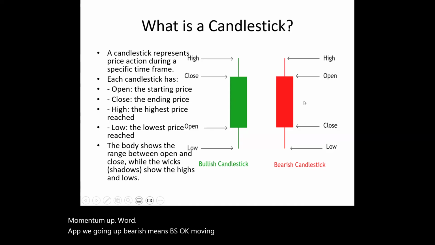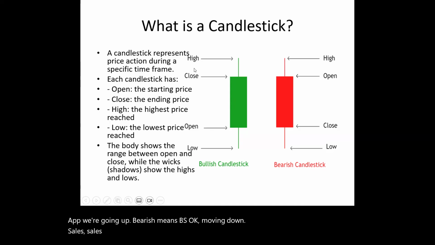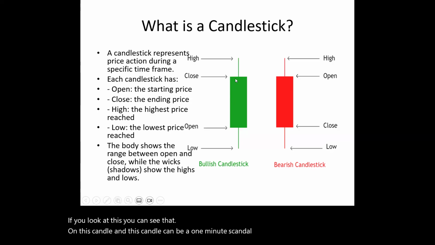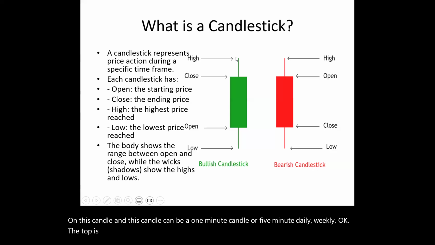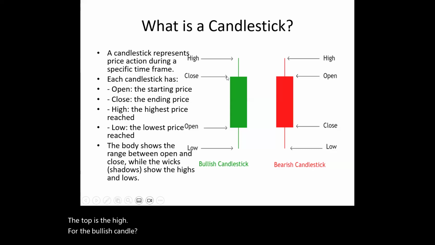Sells, sells, sells. Good. If you look at this candle, it can be a 1 minute candle or 5 minute, daily, weekly. The top is the high for the bullish candle, and the close for the bullish candle is always at the top.